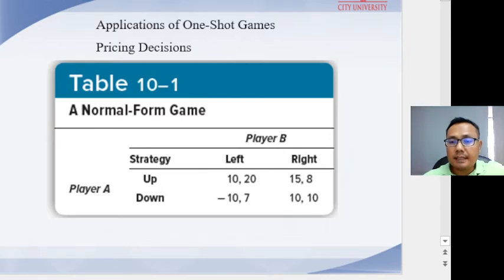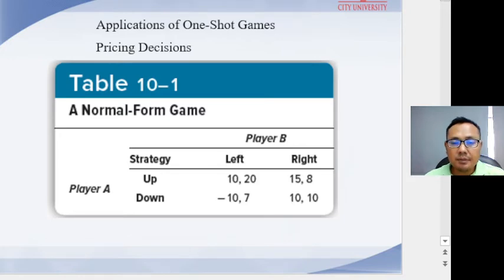For example, if player A chooses up and player B chooses left, the resulting payoffs are 10 for A and 20 for B. Similarly, if player A's strategy is up while B's strategy is right, A's payoff is 15 while B's payoff is 8.